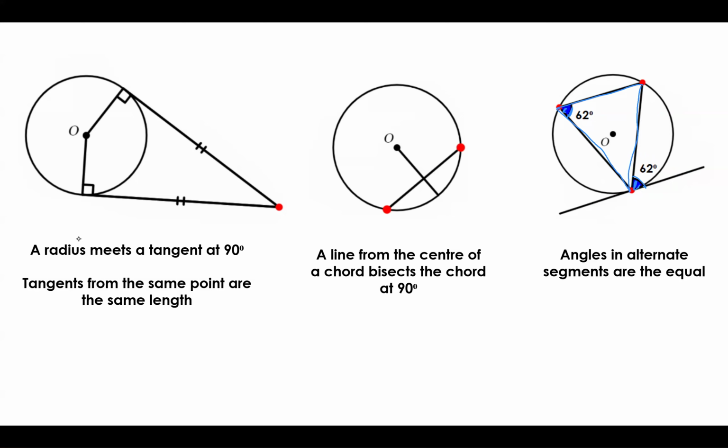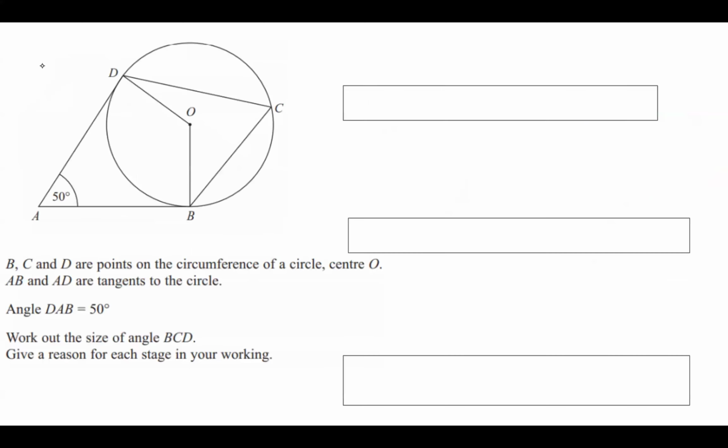All right, so let's see what this looks like in practice. So here's our first question. Now, it's very important to give our reasons if the question requires us to do so. So we have this question, and what do we know? We know that the lines AB and AD are both tangents.